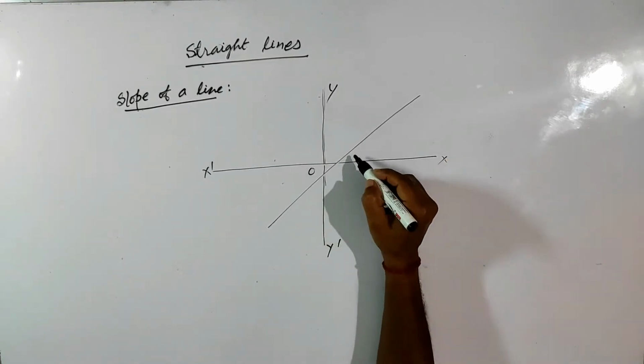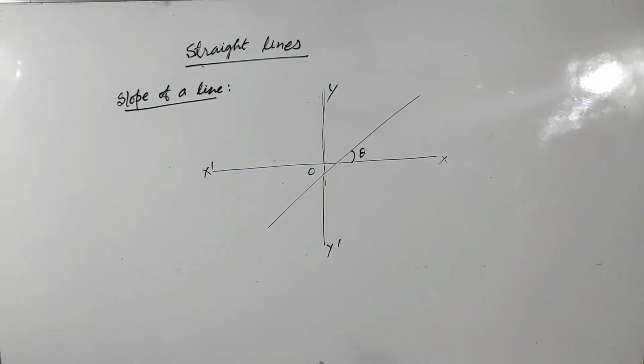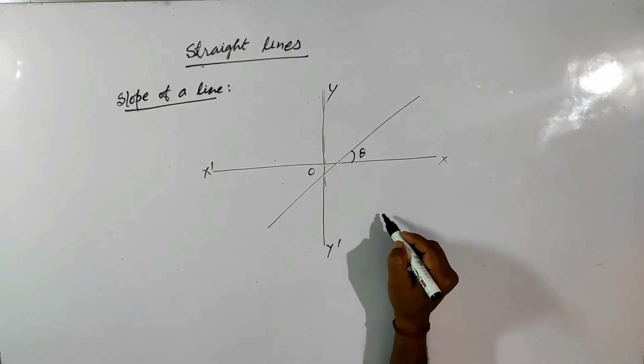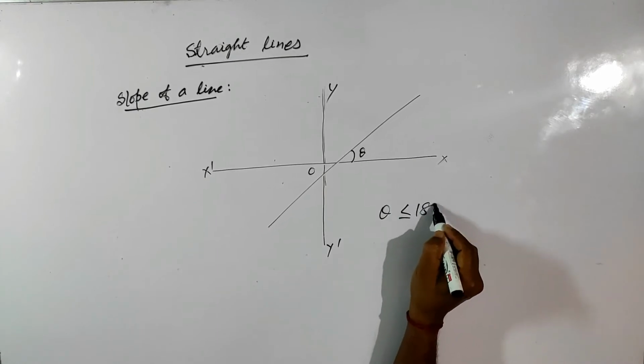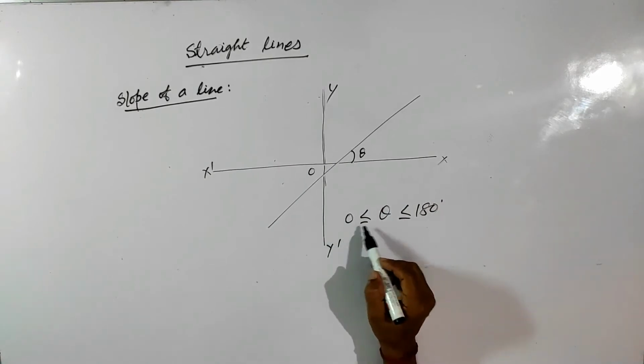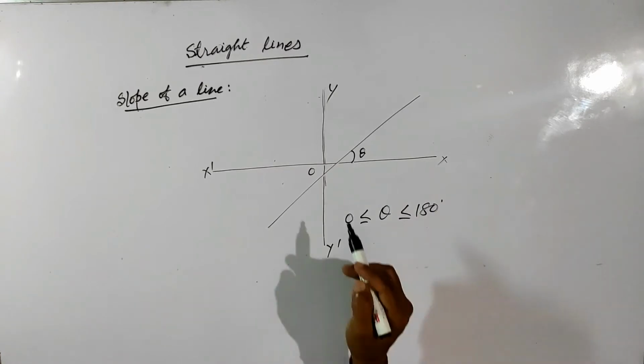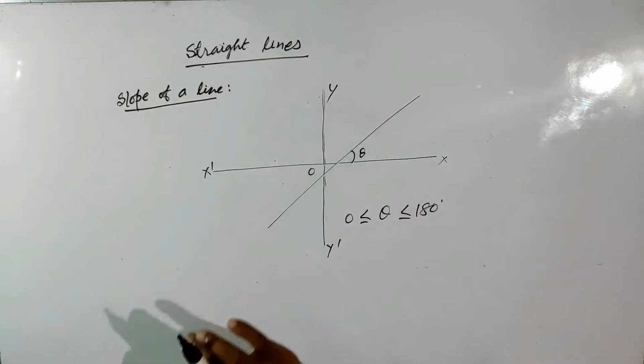This line forms two angles. Say theta, made by the line L with the positive direction of the x-axis and measured anti-clockwise, is called the inclination of the line. Obviously, theta may be between 0 and 180.